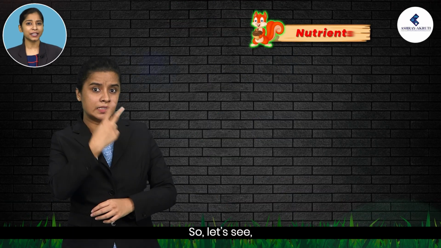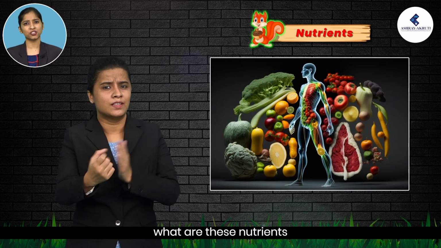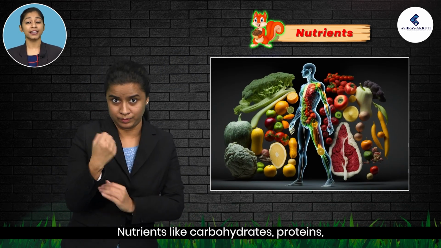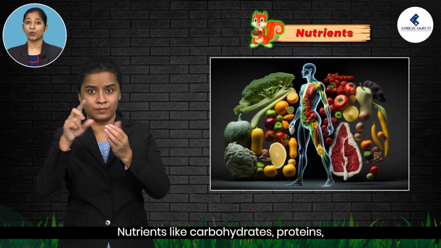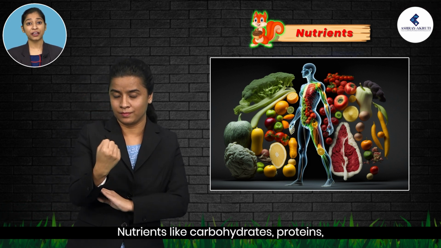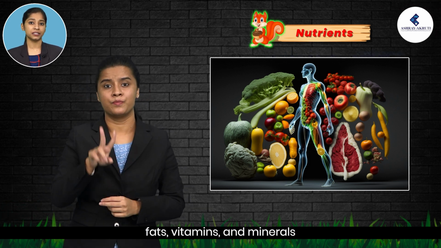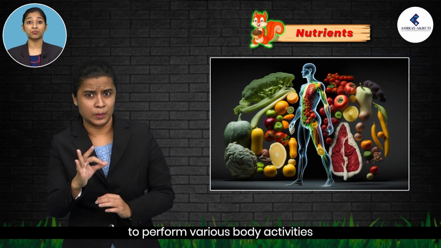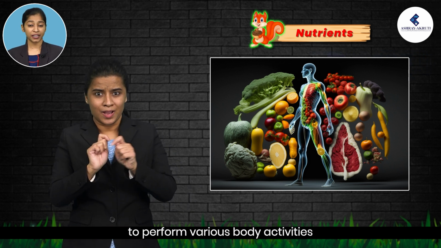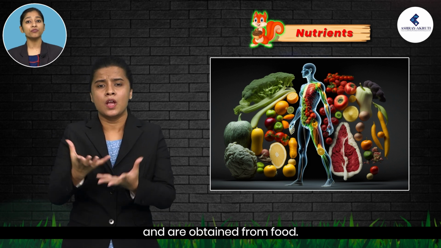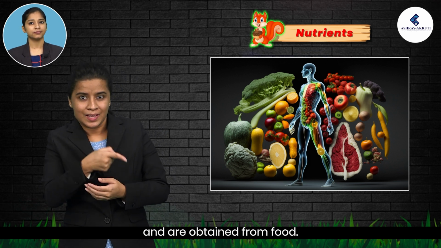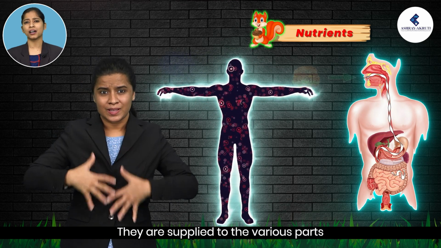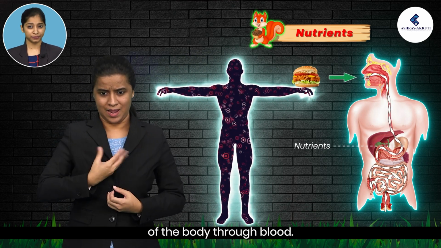So, let's see, what are these nutrients doing in our body? Nutrients like carbohydrates, proteins, fats, vitamins and minerals are necessary to perform various body activities and are obtained from food. They are supplied to the various parts of the body through blood.